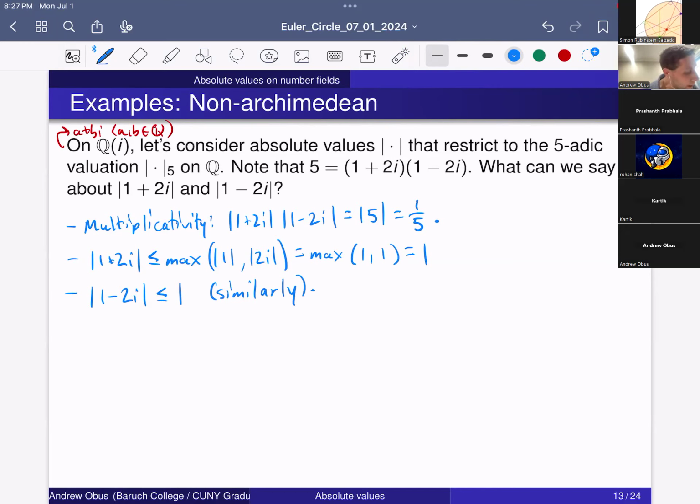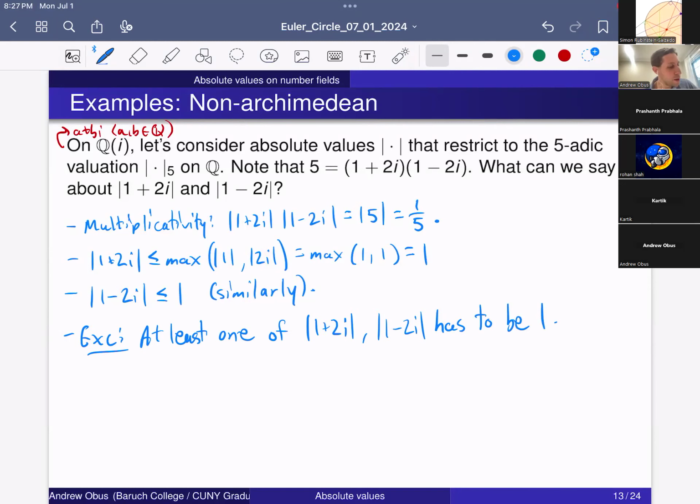So they both have absolute value at most 1, and they both multiply to 1/5. Here I'm going to leave an exercise, which might be a fun thing to figure out: show that at least one of the absolute value of 1 plus 2i and the absolute value of 1 minus 2i has to be 1.